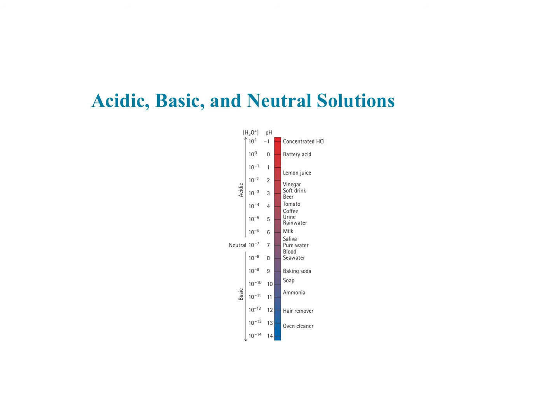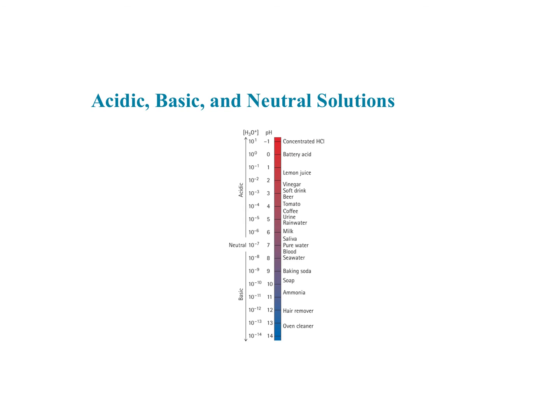And so, again, here we have a basic pH scale, and we can see neutral gives us a pH of 7. The concentration is 10 to the minus 7. As our concentration gets bigger, that is, more hydronium ions, we become more acidic. And as our concentration gets less, that's fewer hydronium ions, we become more basic.